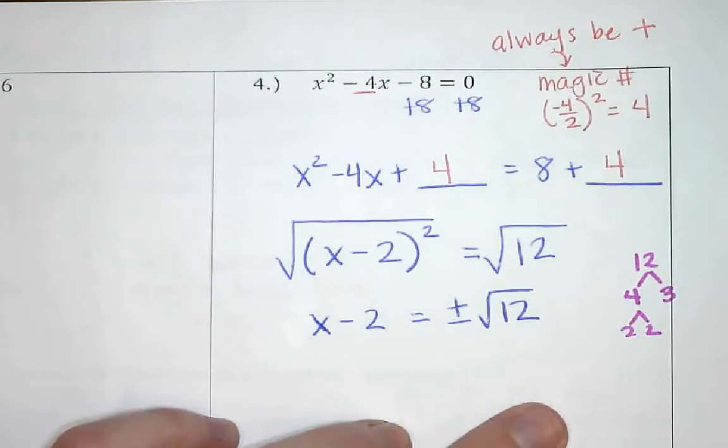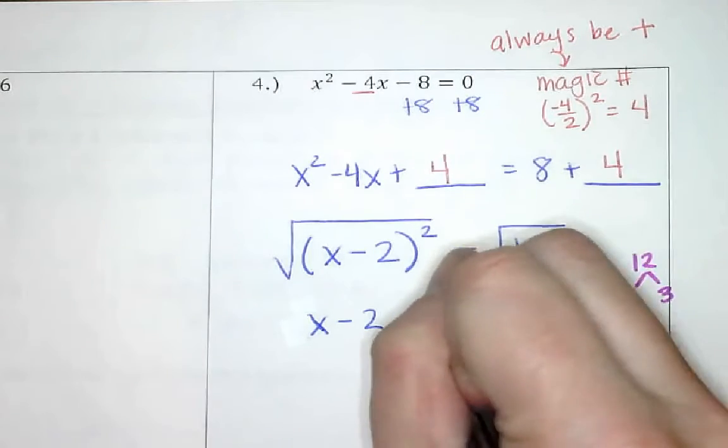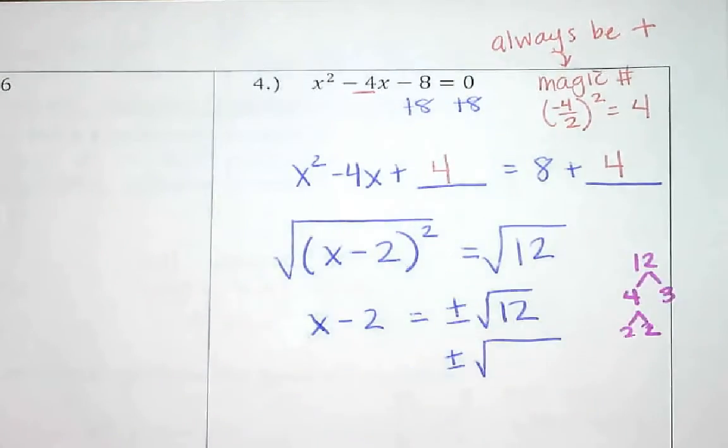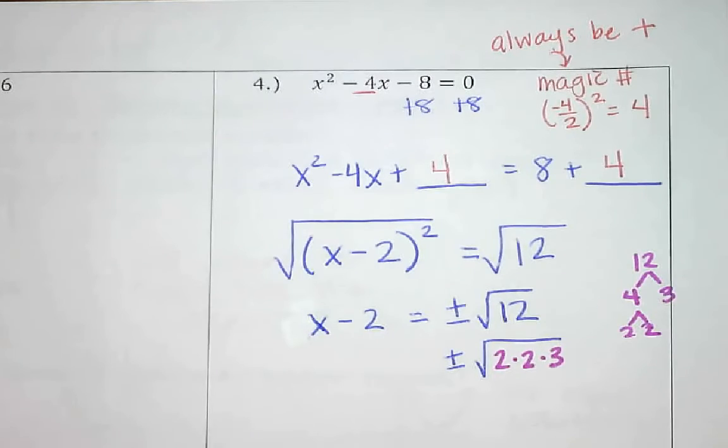Okay, so this now becomes plus or minus the square root of 2 times 2 times 3. Is this ringing any bells, y'all? Okay. This is why completing the square is not my favorite, all right? So then we have our pairs. We take it out.